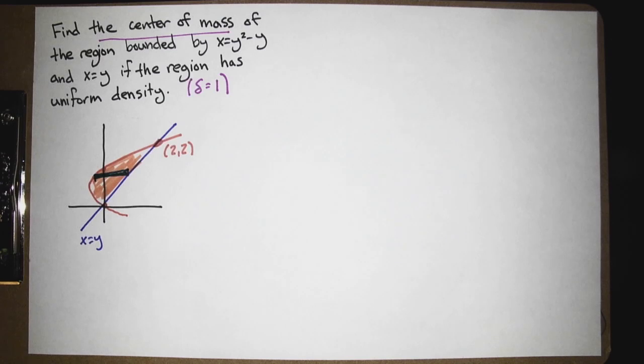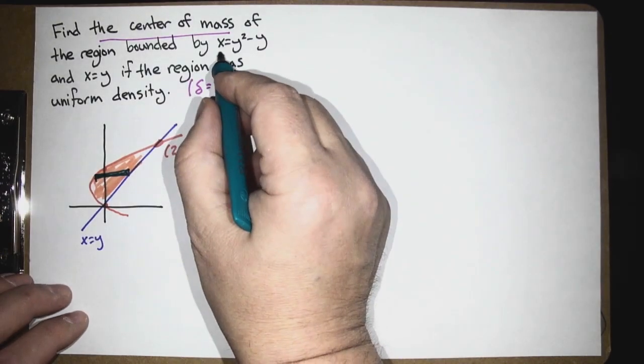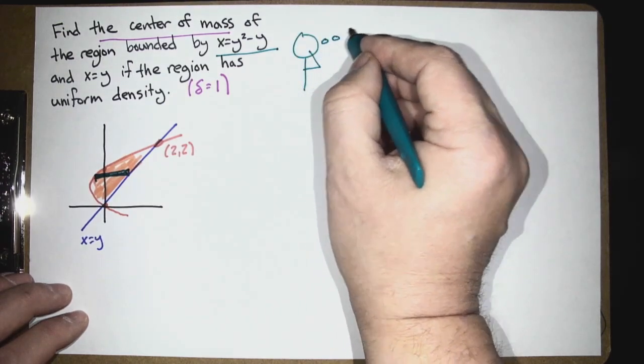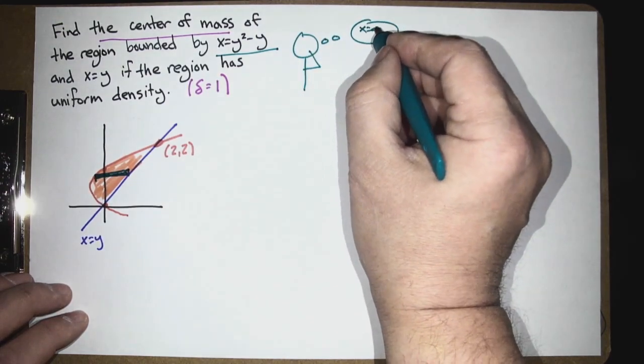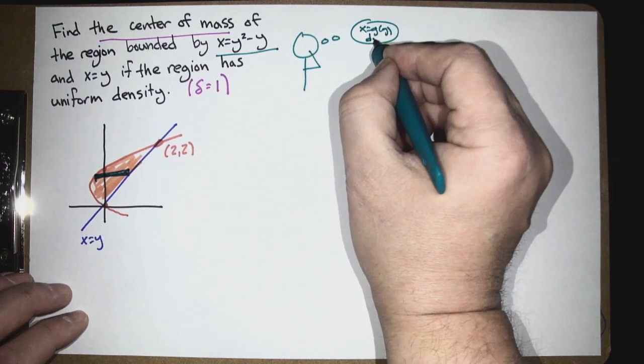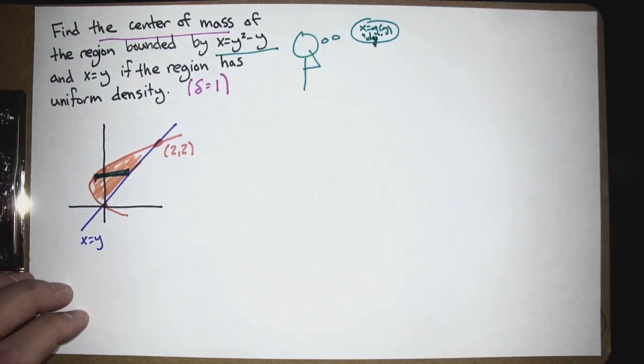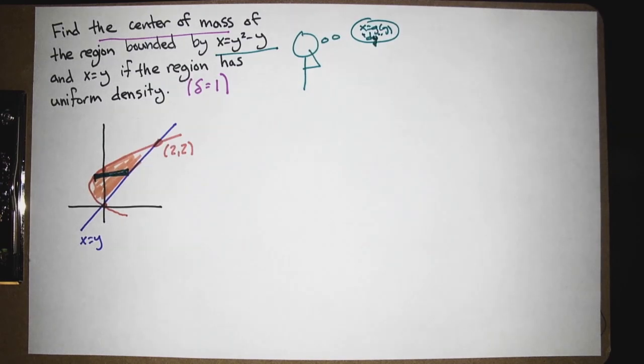There's another thing that makes us think slicing horizontally, namely the way it wrote the function. When we see x written as a function of y, we think we should integrate dy. That means we're doing horizontal slicing.